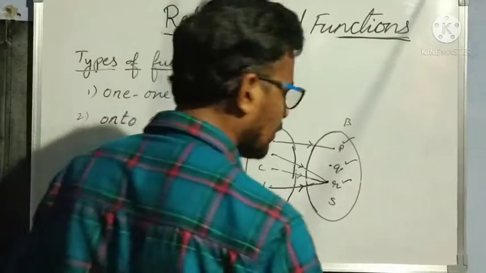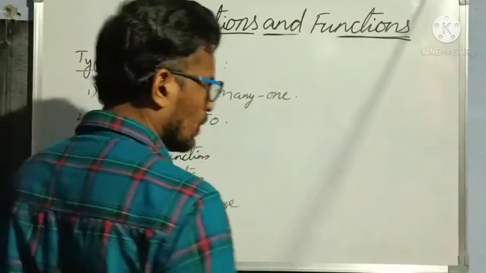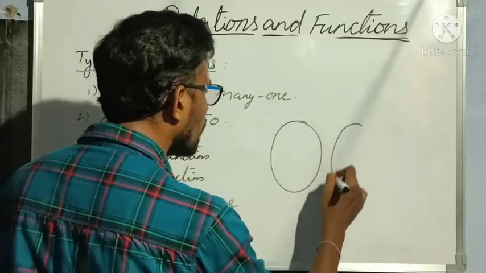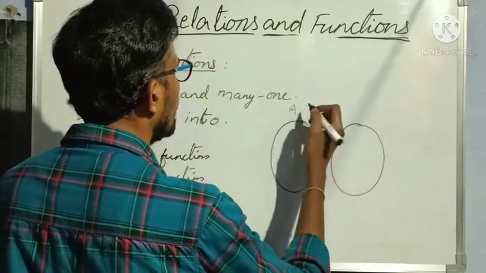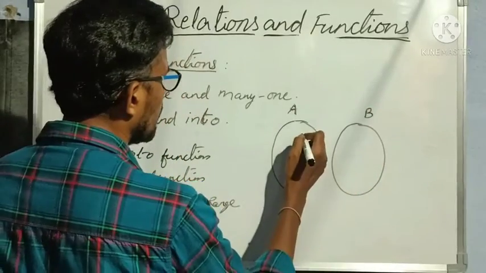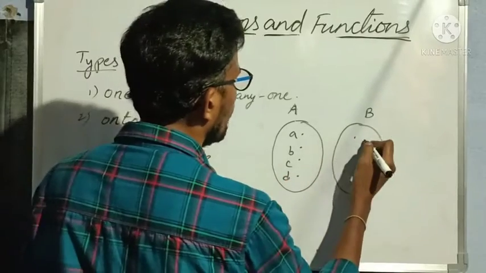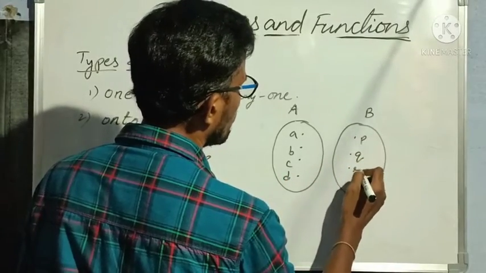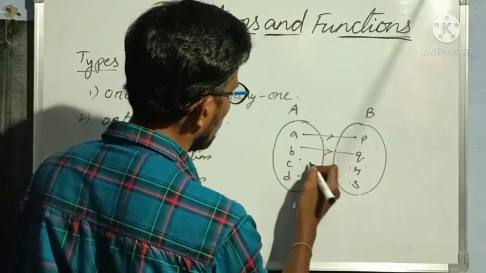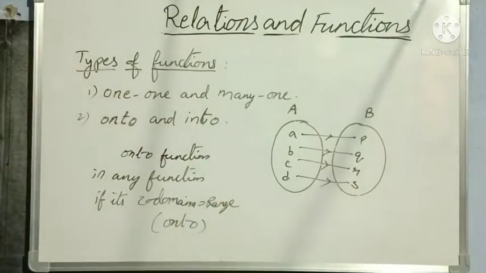Understood? Our first example I am taking. Again I am taking four elements in each of sets A and B. This is my set A and this is my set B. A, B, C, D are my elements in set A and P, Q, R, S are my elements in set B. If you observe, what is the codomain?